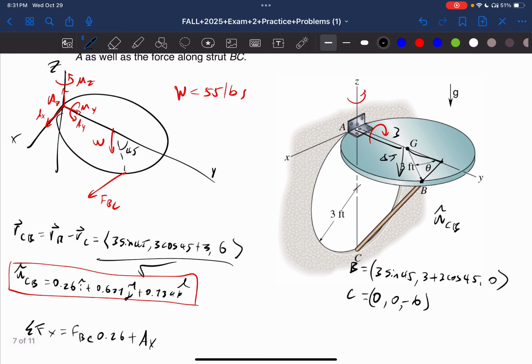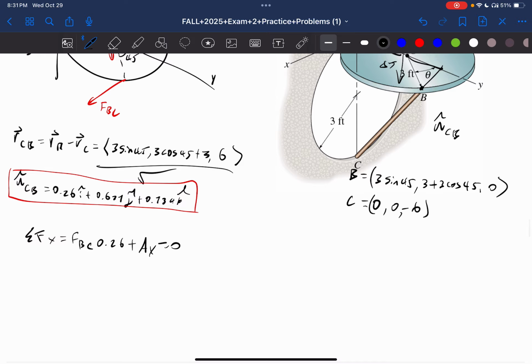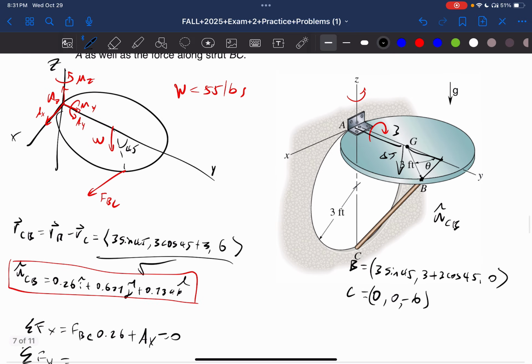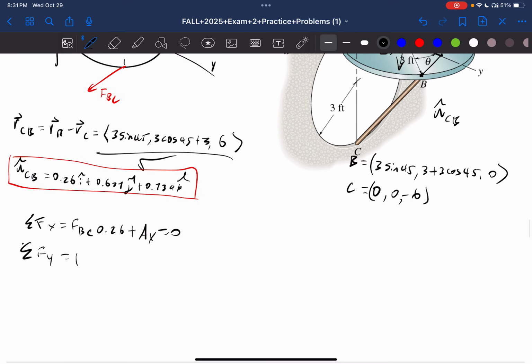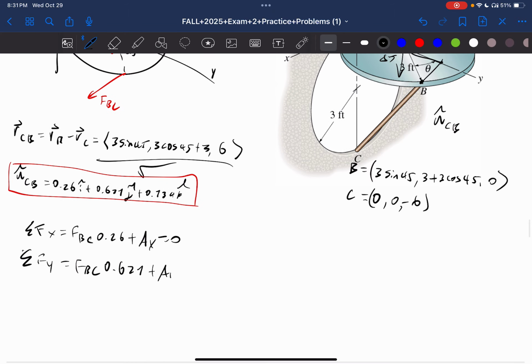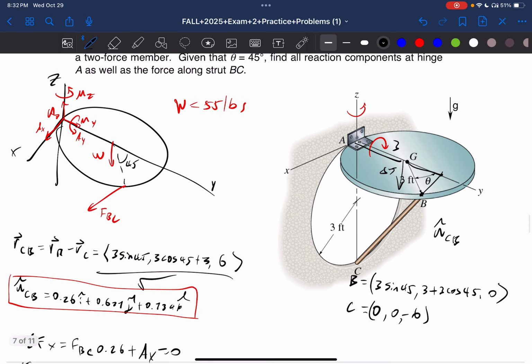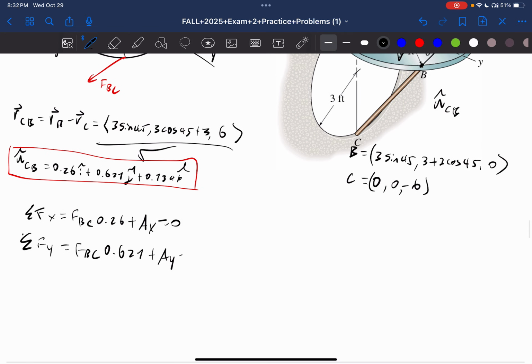Looks like nothing. So this is going to equal 0. The sum of the forces in the Y direction is going to be equal to F_BC in the Y direction, so 0.627, plus AY. Anything else in the Y direction? No, that's all. Is equal to 0.